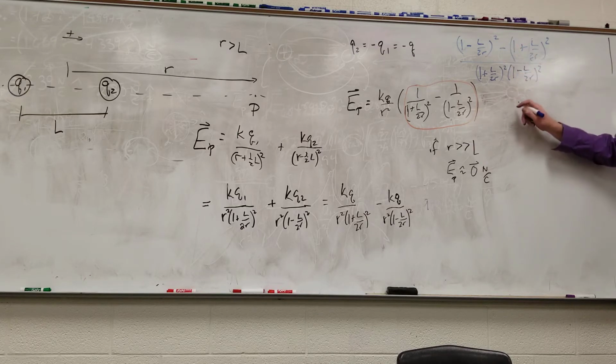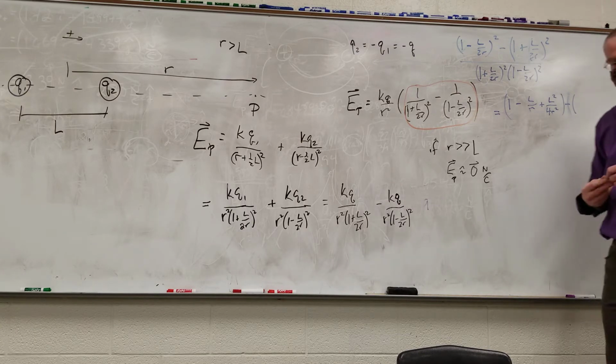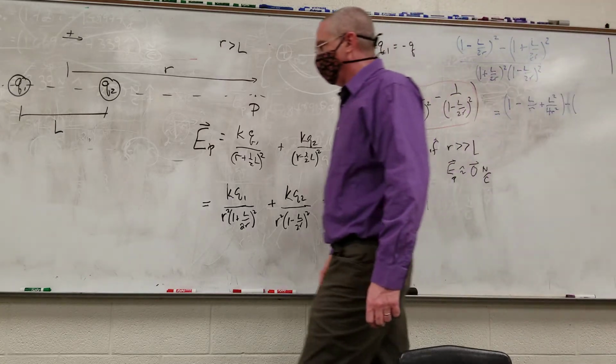And so now on top I am left with 1 minus L over R plus L over 4, L squared over 4R squared. Minus, might be slightly off screen here, but anyone watching this will hopefully be able to follow along.